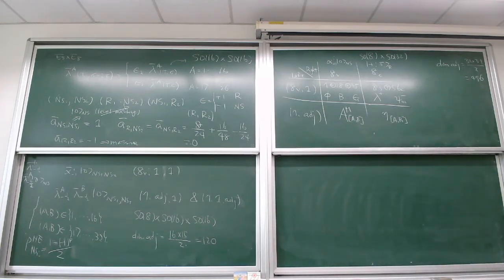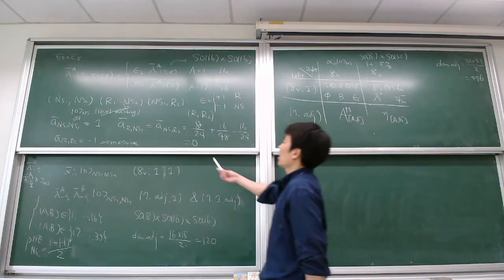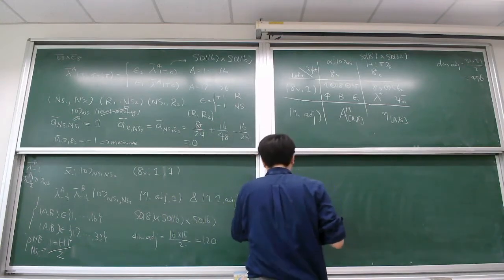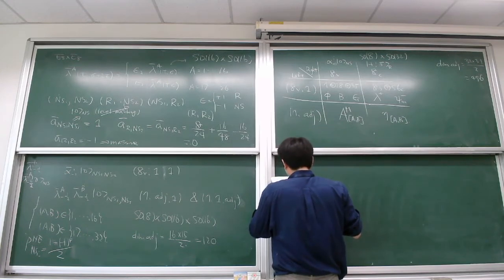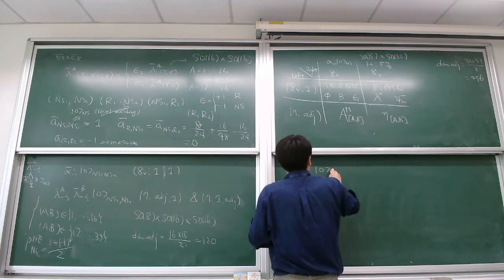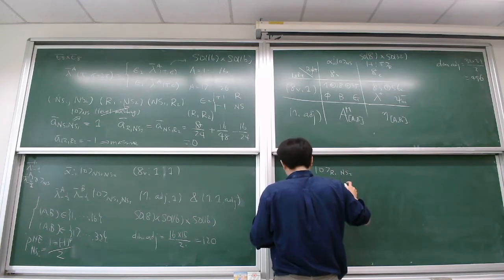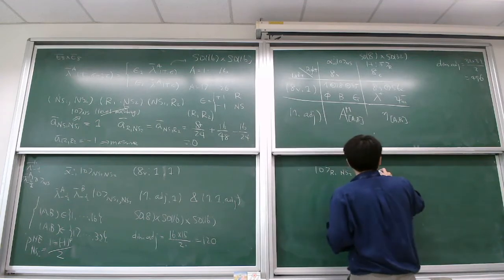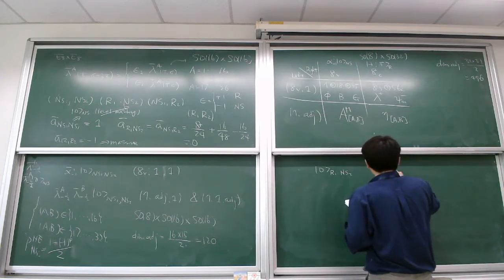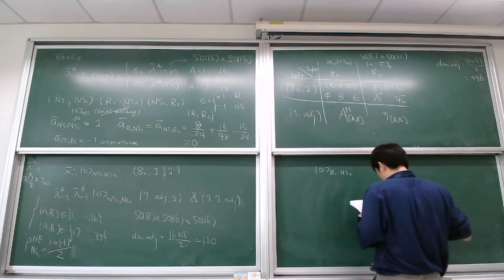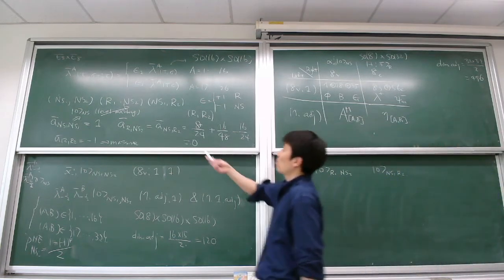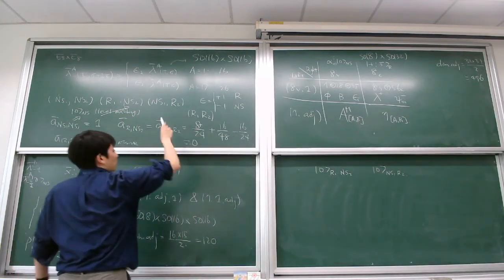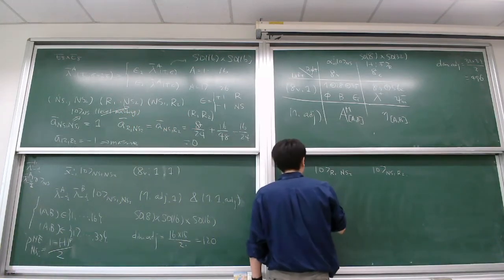However, we need to take into account the massless mode. This massless mode is Raymond 1 and NS 2, or NS 1 and Raymond 2. So one of them is Raymond, and therefore the zero mode will show up.